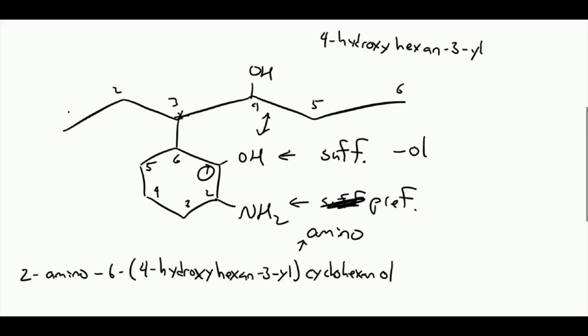And we don't need to number where the alcohol is because it's the suffix group. And on a ring, that makes things nice and simple. Because the suffix group, if there's only one of them, it's always going to be number 1 on the ring, and therefore you don't need to number it.